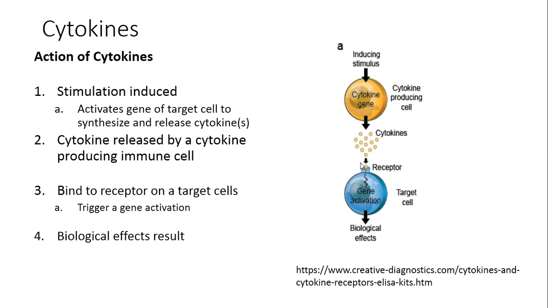So rather than looking at a large piece, let's break the action of cytokines that I just walked through for you into some really small pieces. I gave you the example of a macrophage being stimulated after having ingested a pathogen and presented it. Cytokines are released.